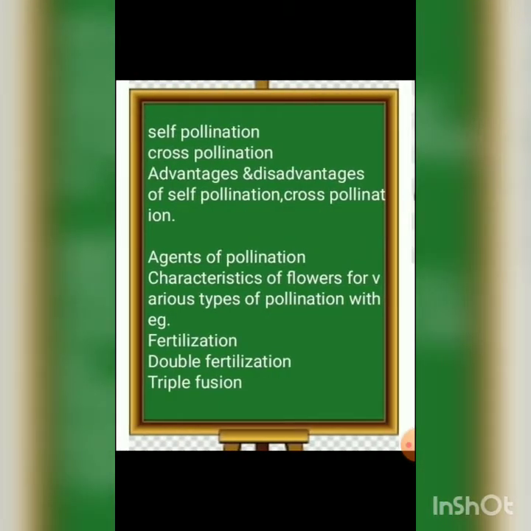In this chapter, we will study what is pollination, types of pollination, self-pollination and different types of self-pollination, cross-pollination, advantages and disadvantages of self-pollination and cross-pollination, agents of pollination, characteristics of flowers for various types of pollination with examples, fertilization in flowers, double fertilization and triple fusion.